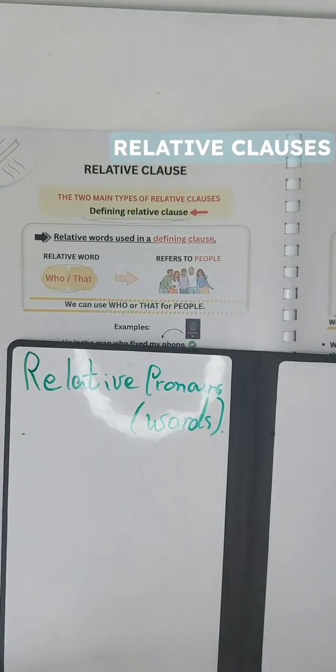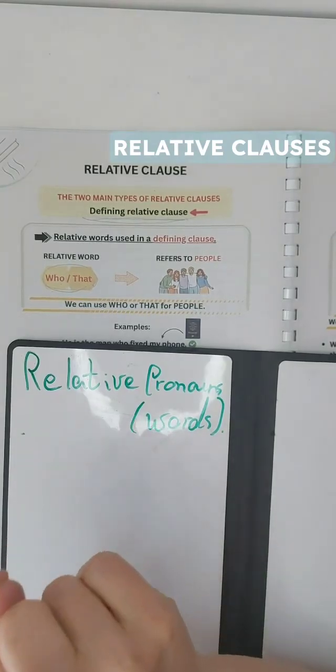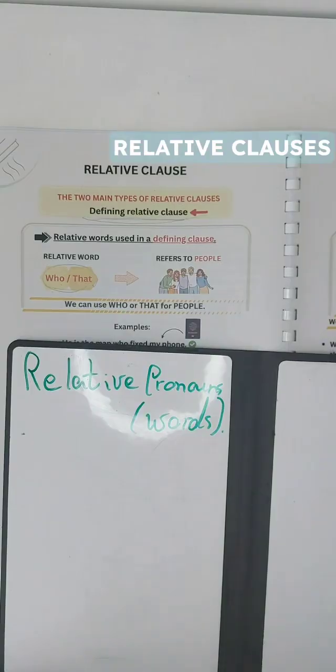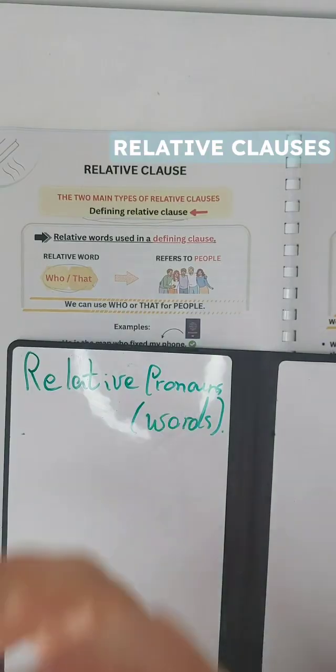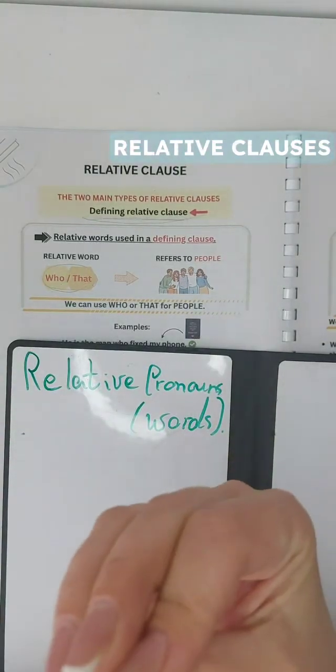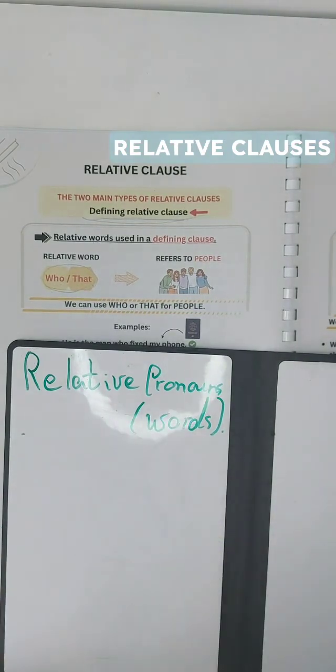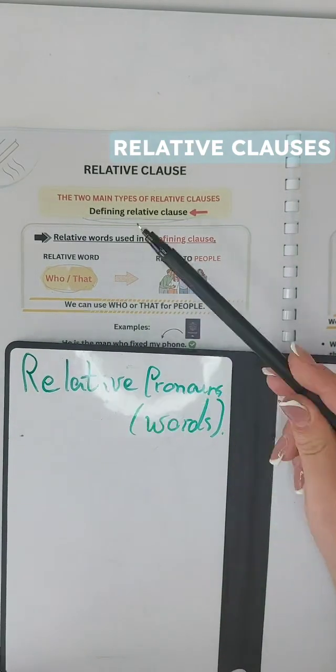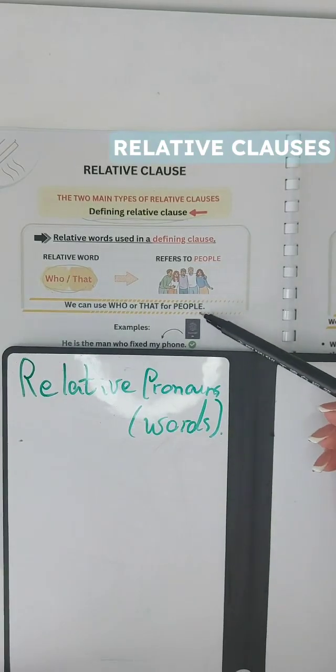Who and that only with defining relative clauses. Again, what is a defining relative clause? It helps us identify a person or thing, right? We can use relative words who and that for people.